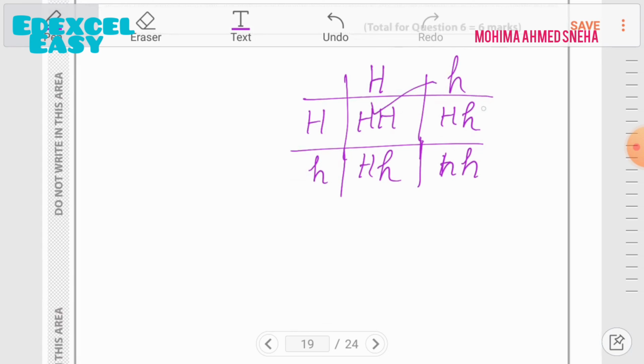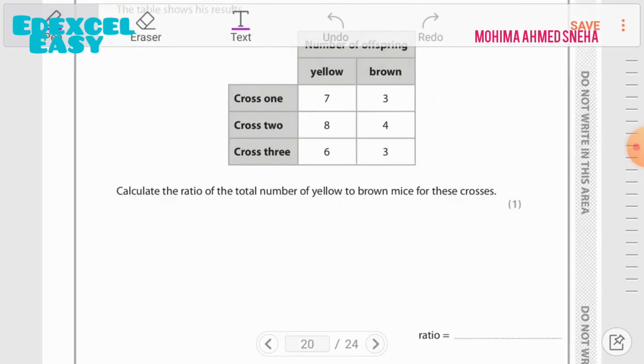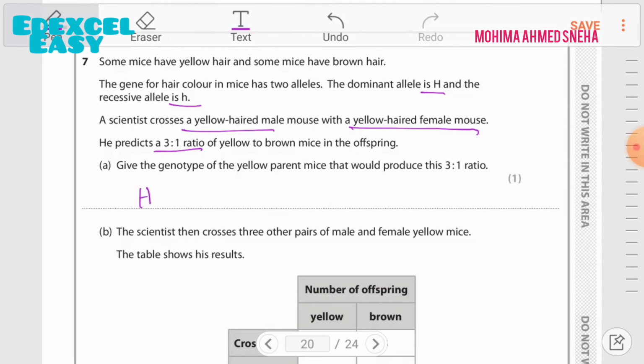This will be yellow, this will be yellow, this will be yellow, but this small h will be brown, and this eventually indicates a ratio of 3:1. So this means that both the parents were heterozygous, so the genotype for them is capital H and small h.